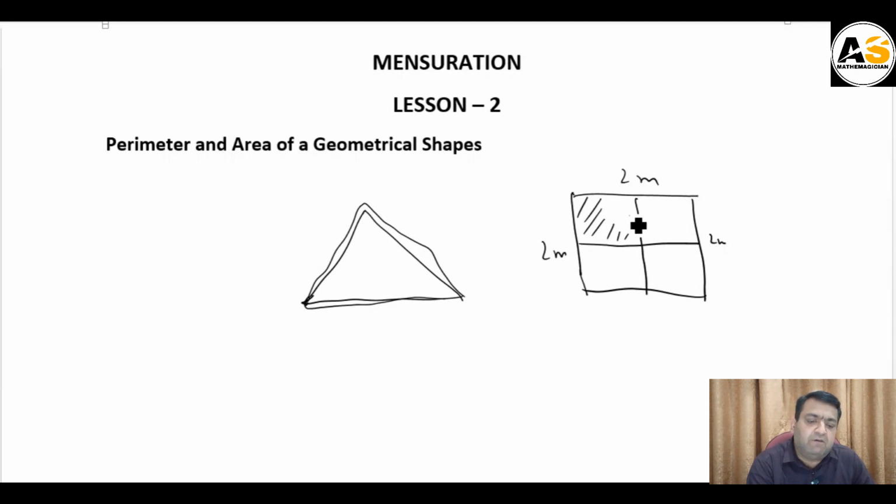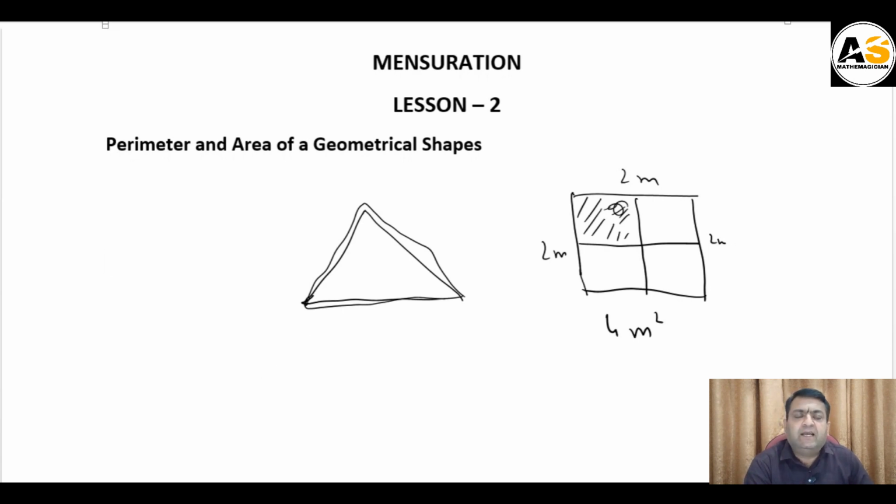This is basically 1 meter square. And how many of these squares are over here? 1, 2, 3, 4. So this whole area, or the space occupied by this shape on the plane, will be 4 meter square. That is 4 squares of side 1 meter each.